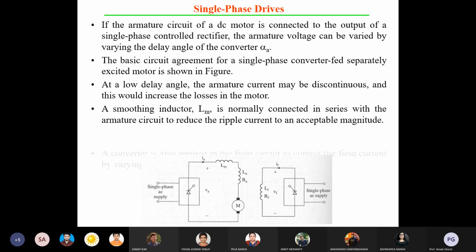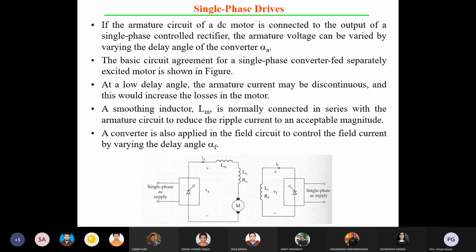Is the slide in full screen? Yes, sir. So single phase drives, is it showing? Am I right? Yes, sir. Okay, good.